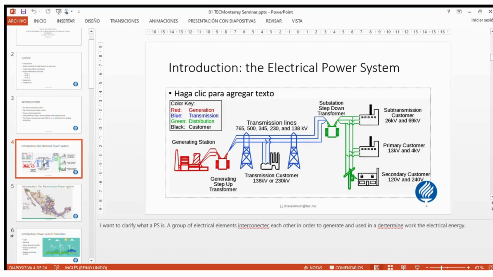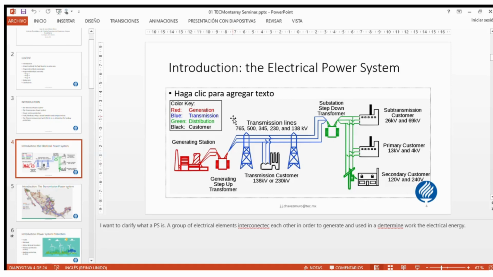So most of the time when we want to make an analysis of the system, we split it in three main parts: the generation part, the transmission part, and the distribution part. So the methodology that I'm presenting here is intended to be used on the transmission part, okay, the transmission system.